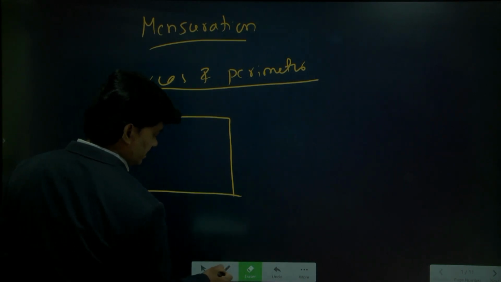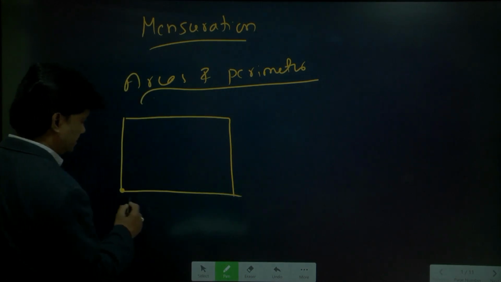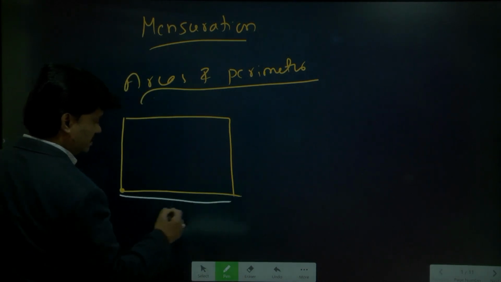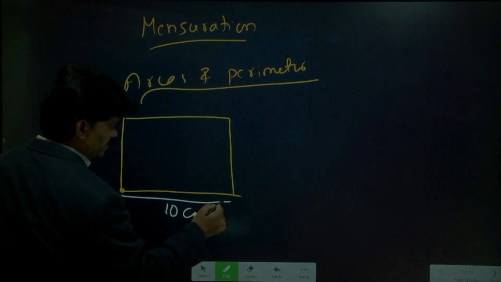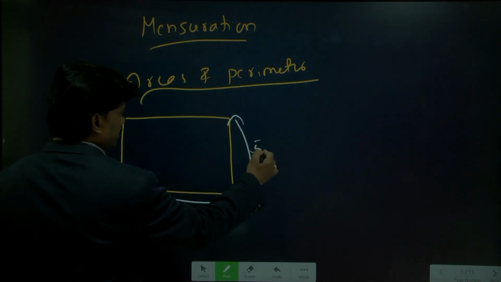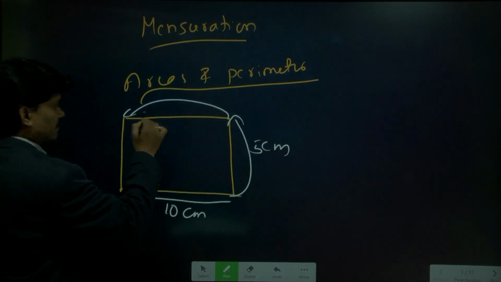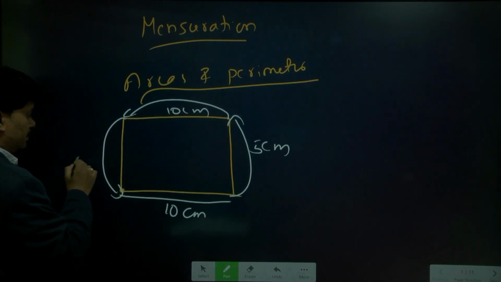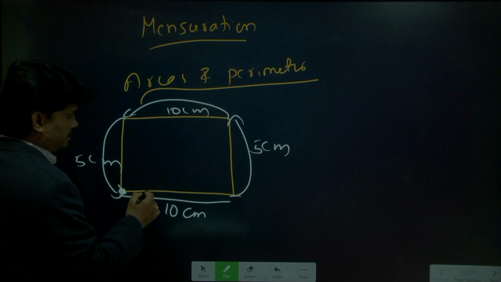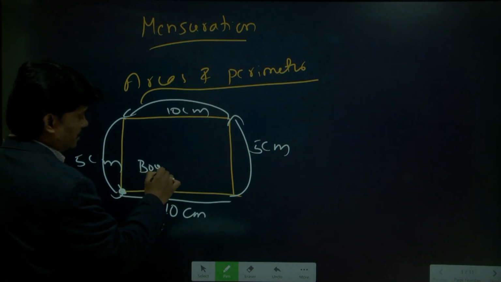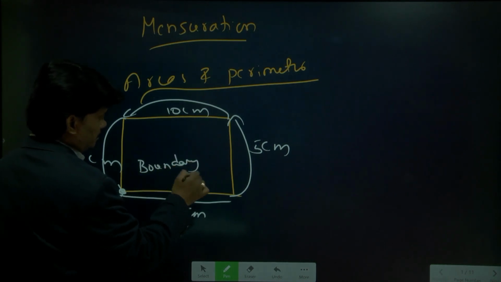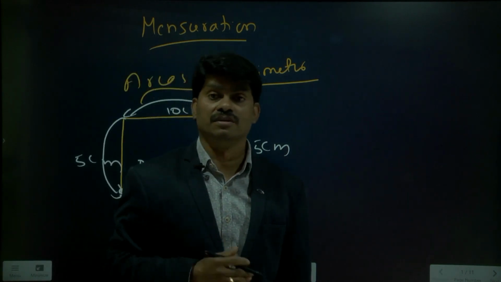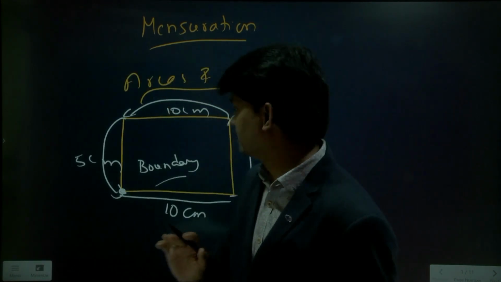We take a measuring tape and calculate from here to here, 10 centimeters. Again we went here 5 centimeters, again we come here 10 centimeters, again we come to the starting point. So the boundary length enclosed by the closed plane figure we have calculated; keep it aside.